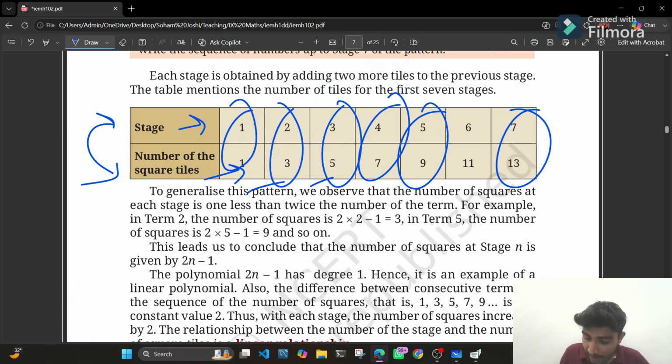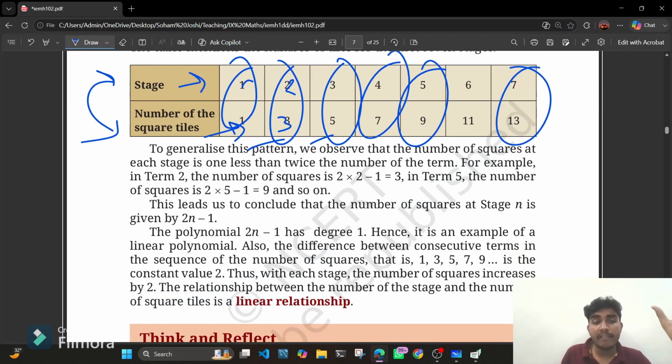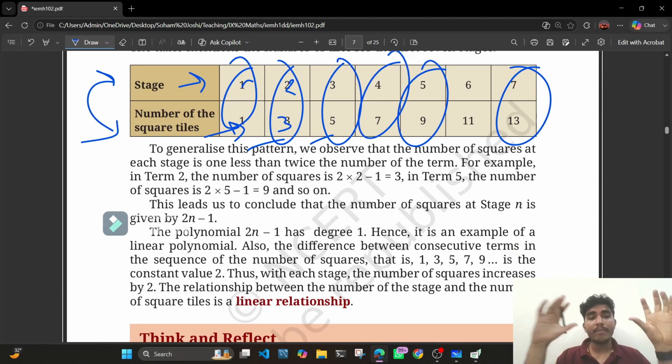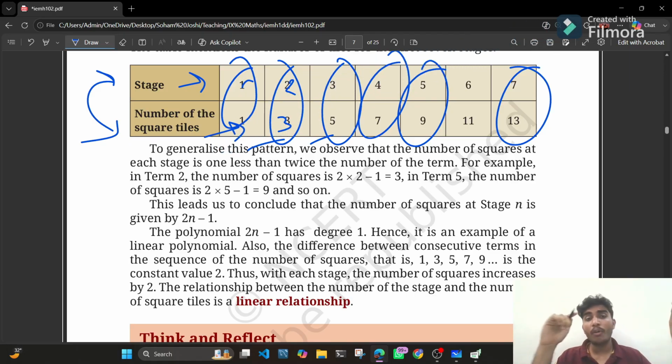एज इन स्टेज अगर मेरा 1 है तो मेरा नंबर ऑफ स्क्वायर टाइल्स भी 1 था, अगर स्टेज 2 था तो मेरा 3 था। तो कुछ तो है ना, मैं स्टेज जैसे जैसे वेरी कर रहा हूँ, मेरे नंबर ऑफ स्क्वायर टाइल्स भी वेरी कर रहे हैं। सो दे हैव अ रिलेशनशिप। एक गर्लफ्रेंड एक बॉयफ्रेंड है, अगर गर्लफ्रेंड कुछ कर रही है तो बॉयफ्रेंड को भी वो फर्क पड़ रहा है। So that is an analogy that can be used.